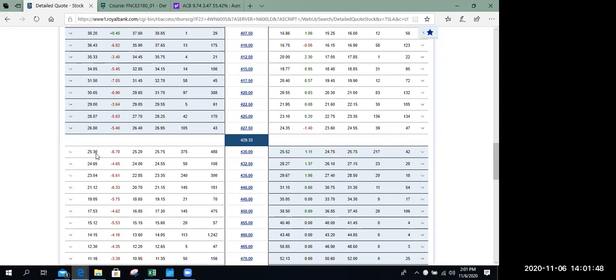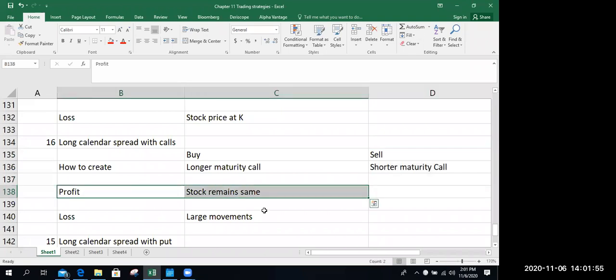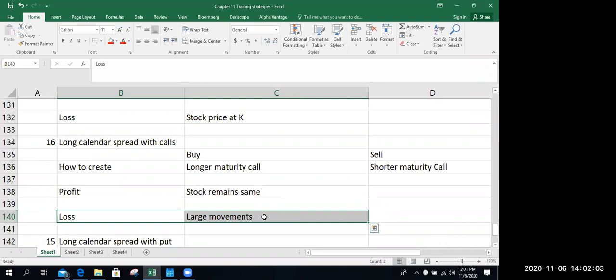So $25 you pay. Okay. When do you make profit? Profit happens when the stock price remains the same. Loss happens when there are large movements.